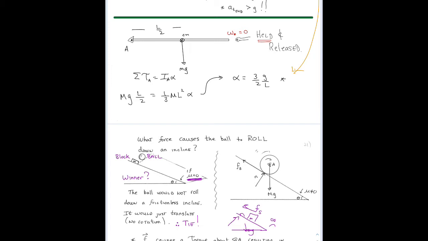If I drew the forces on here, I'm trying to find alpha, so I'm applying net torque equals I alpha about axis A. The only force that causes the torque is the weight. There's my weight, there's my moment arm. The moment of inertia about axis A is 1/3 ml squared, and I get the exact same alpha as I had above.